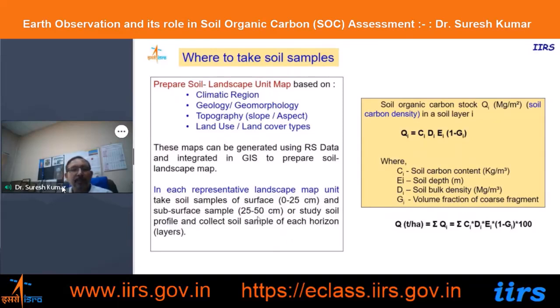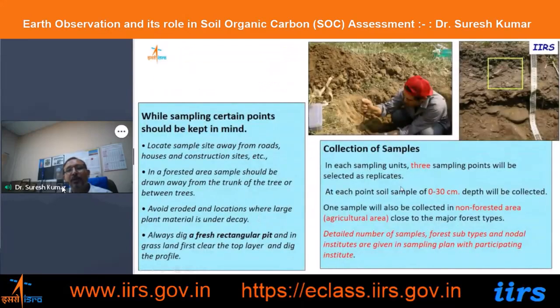You see how we take the soil samples. Suppose this is the profile, and this is the top layer, 0 to 25, 25 to 50, and 50 to more than 50 centimeters, so 1 meter depth of soils. In each layer you take the soil samples. So in general, in one landscape map unit, we take 3 samples.